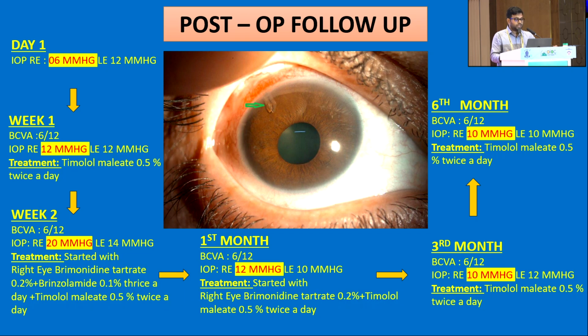But we managed with 3 anti-glaucoma medicines. At the end of the third month, we can see the IOP is well controlled. Then we stopped 1 anti-glaucoma medicine, and at the end of 6 months, we can see the IOP is well controlled with 1 anti-glaucoma medicine.